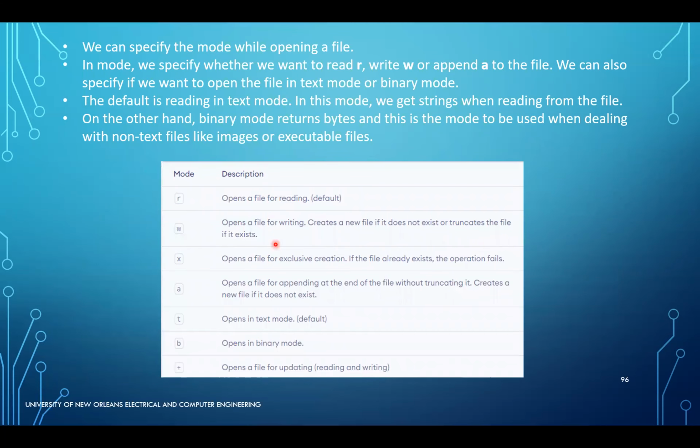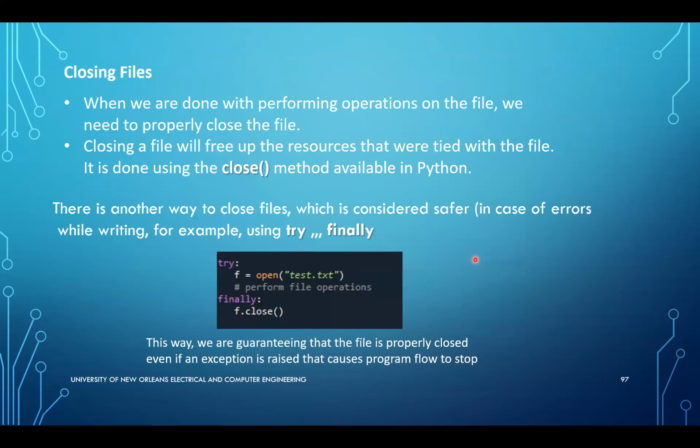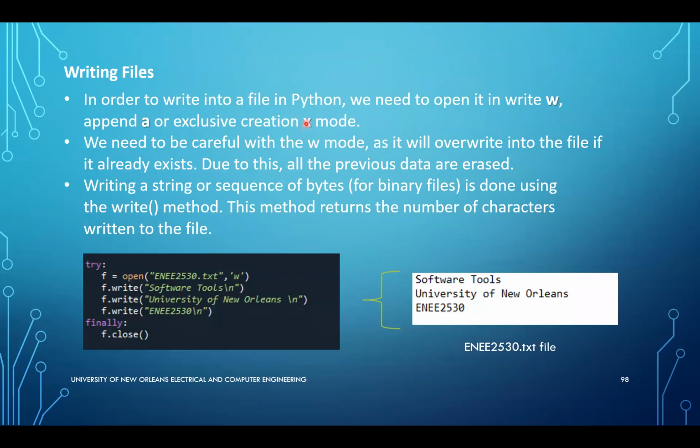If you use this mode, it opens a file for exclusive creation. And if the file already exists, it's going to give you an error, because it's going to tell you the file already exists, so you don't overwrite it or do something to it that you don't want to change. So it's more of a protection when you're writing. It's the same as write, but it's going to avoid it if the file already exists, just to protect it.